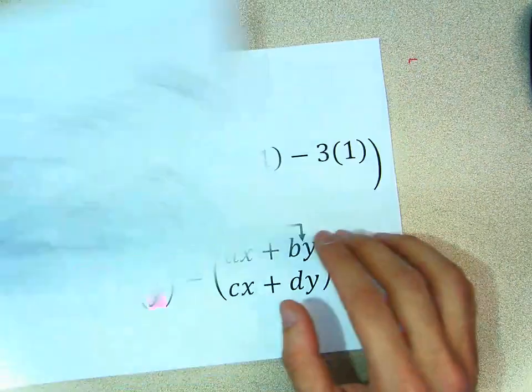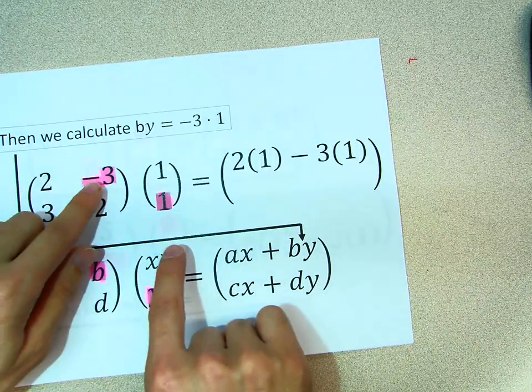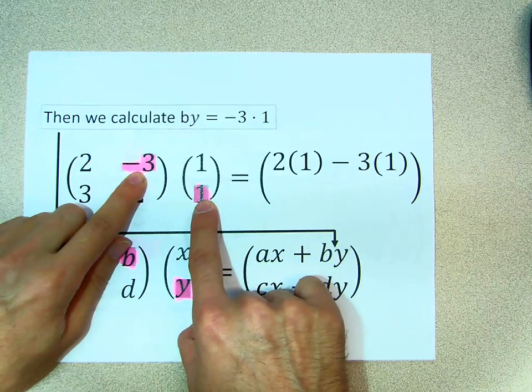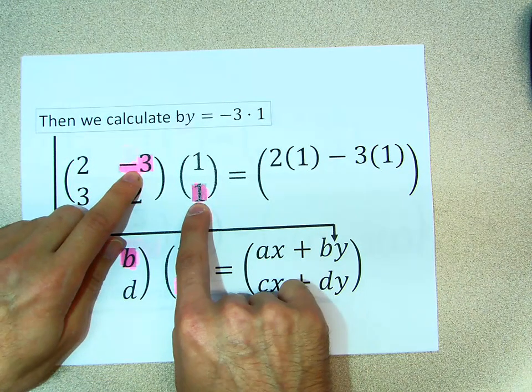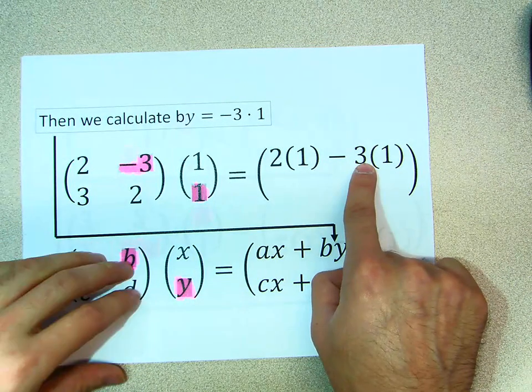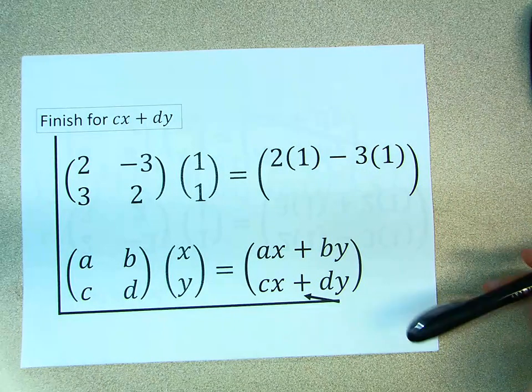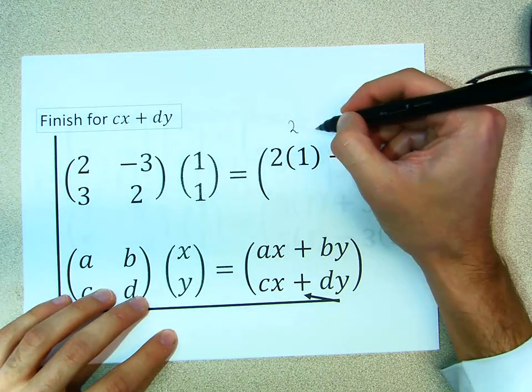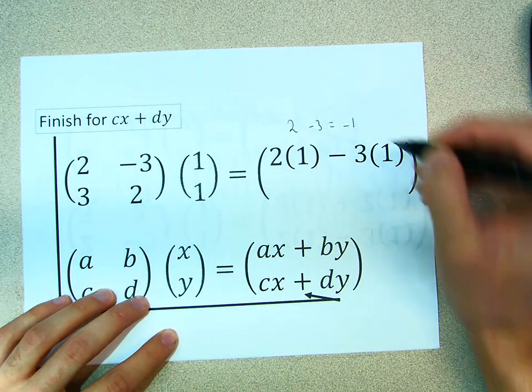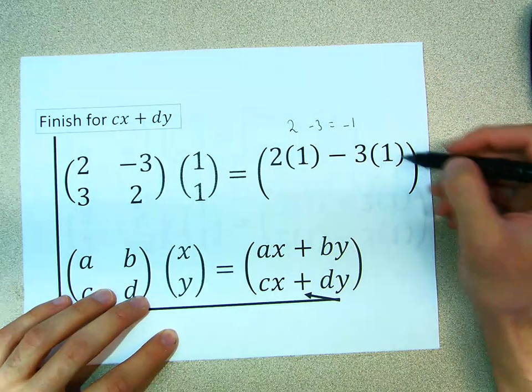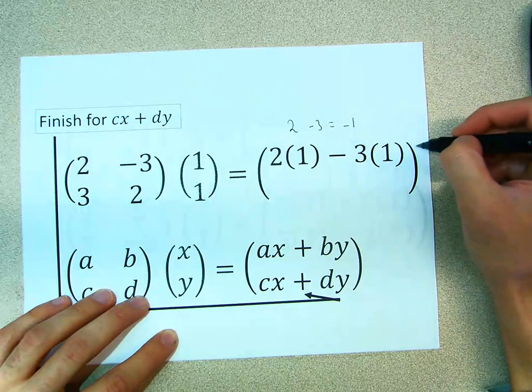So then it should just look like this. Notice I'm doing -3 times 1. And what is -3 times 1? This should just be 2 minus 3, and that's -1. So notice that this whole thing on the top becomes -1, okay?